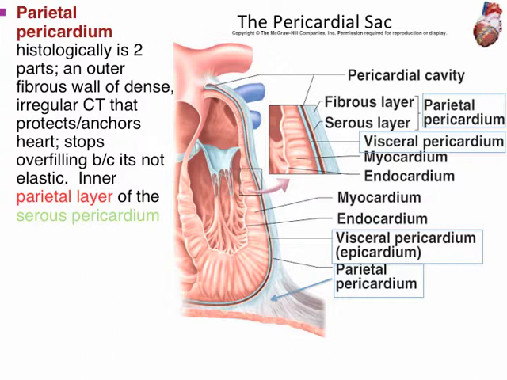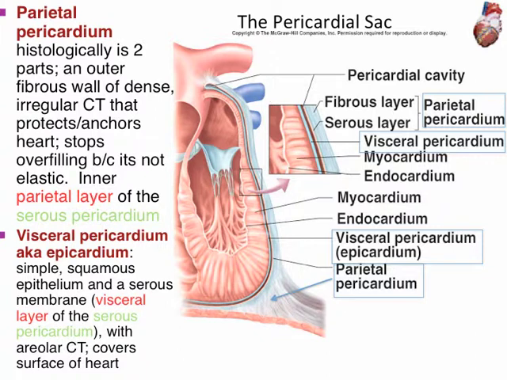And then here I tell you that the parietal pericardium histologically is two parts. I told you that it has an outer wall that's connective tissue, and then the inner parietal layer is a serous membrane. So histologically, the parietal layer of the pericardium is a serous membrane. And then the epicardium, or that part that sits on top of the heart, is also called the visceral pericardium.